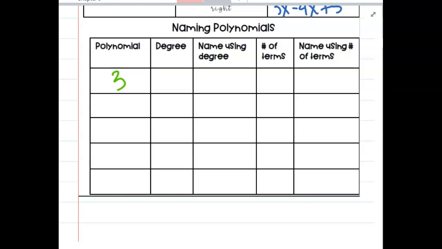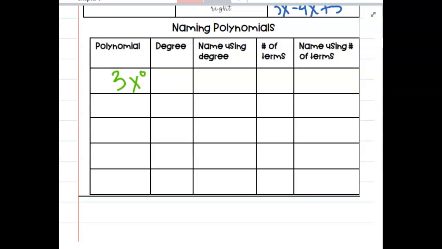That's it. Now, if I wanted to find the degree, remember, the degree is the sum of the exponents of the variables. But I don't have a variable. So if I don't have a variable, keep in mind, and don't write this down, but even if this was just an x, that would be different, right?